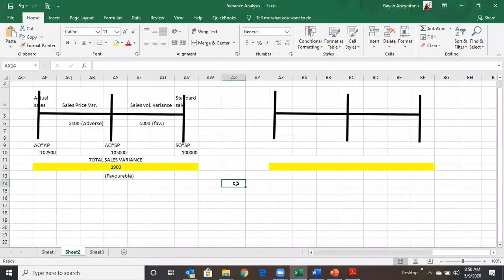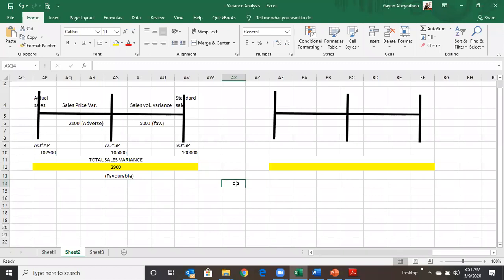Then as I said, the same calculation can be done by considering sales profit margin on behalf of these selling prices. We can calculate this by putting the profit margin in place of the selling prices. On behalf of actual prices, we need to calculate the actual profit margin.